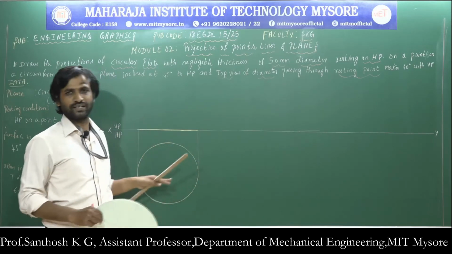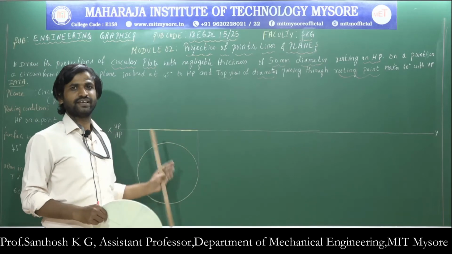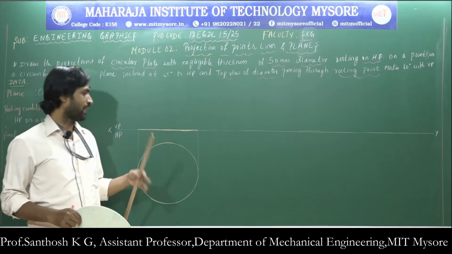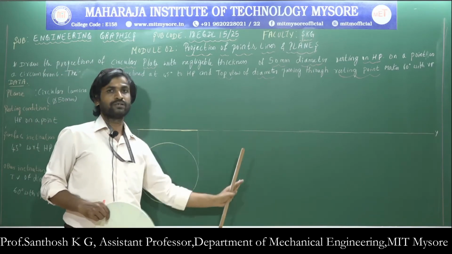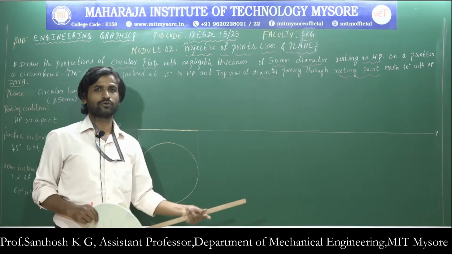We can divide the circle into either 4 parts, or we can divide the circle into 6, 8, 12 like that. More is the number of parts, the accuracy of the drawing which you are going to reproduce in the second position and the final position, it will be more.